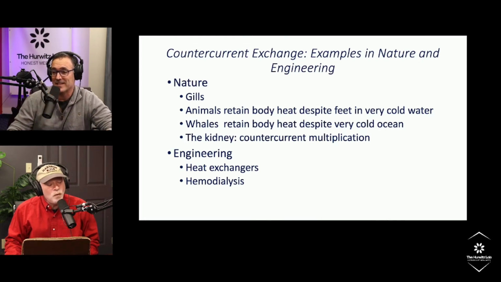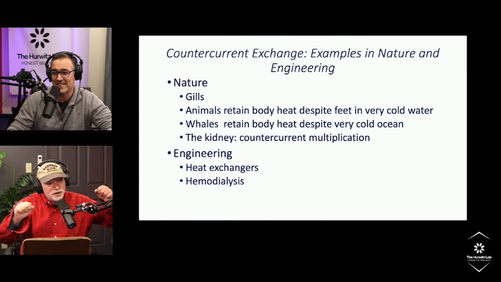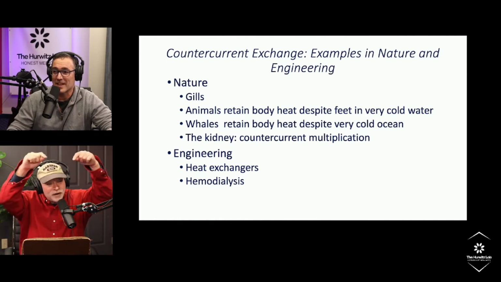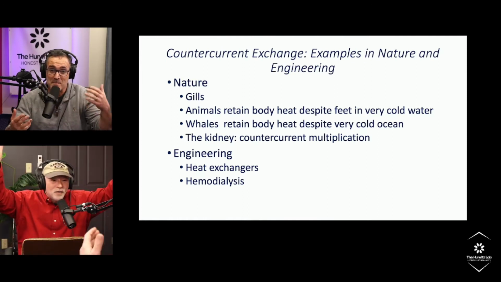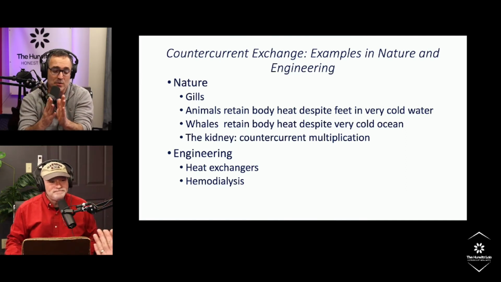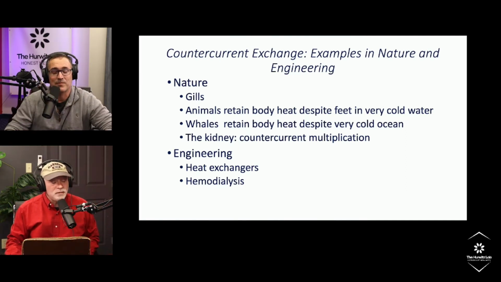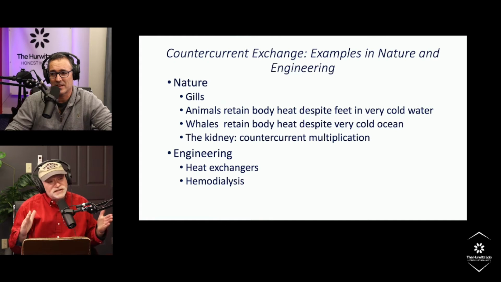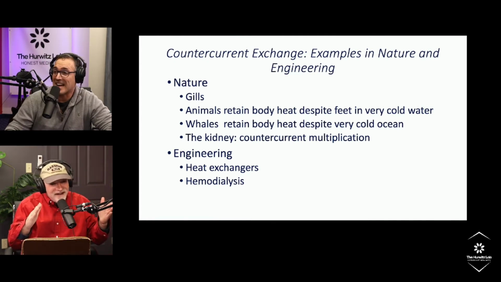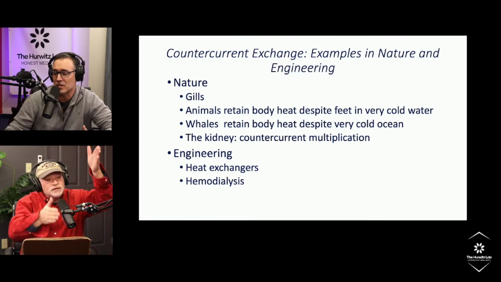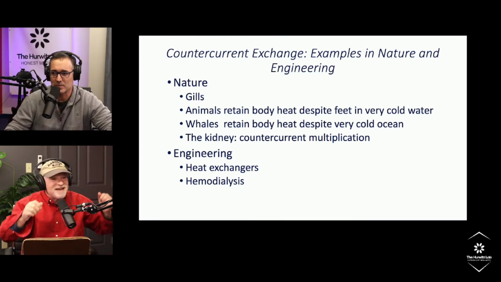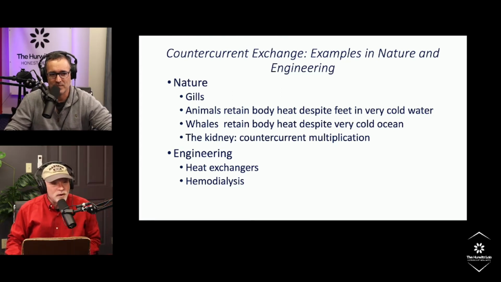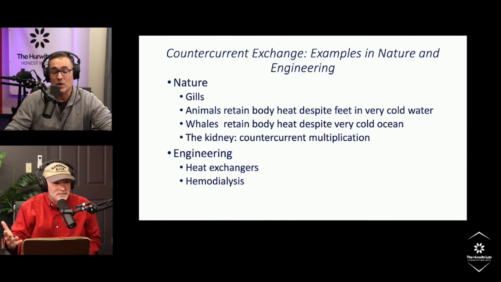And why do we take care to make sure we're doing that, instead of running them the same way? It maximizes the transport between the two. Because if they ran the same way, you might lose your diffusive driving force.